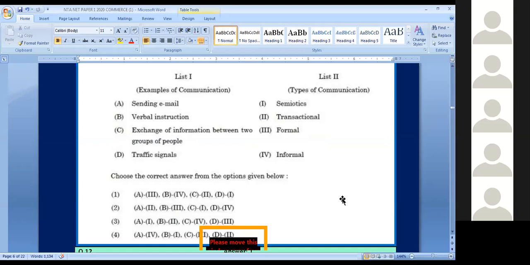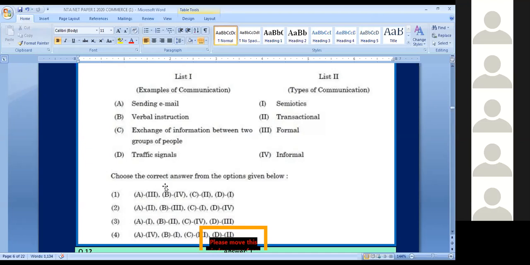Match the following. Match the following is very easy in terms of question model. If you are able to match at least 2, sometimes even 1, that also gives the answer. If you are able to match at least 2, the remaining 2 will automatically match. Clear? Let's see. Sending email. Sending email is formal. Correct?